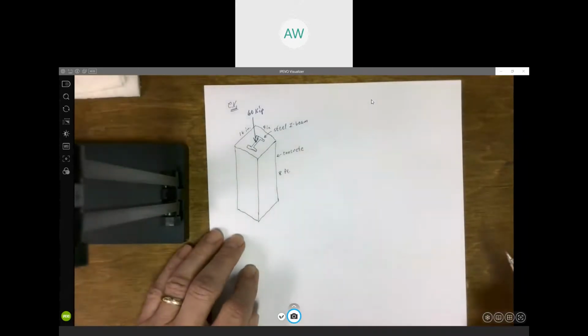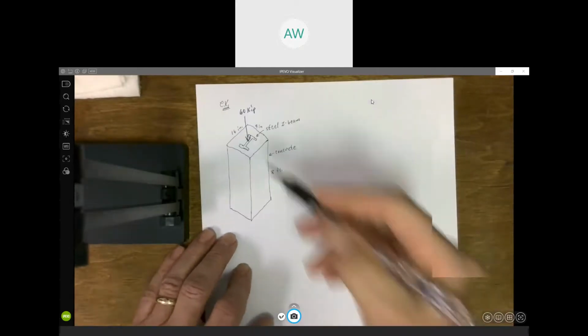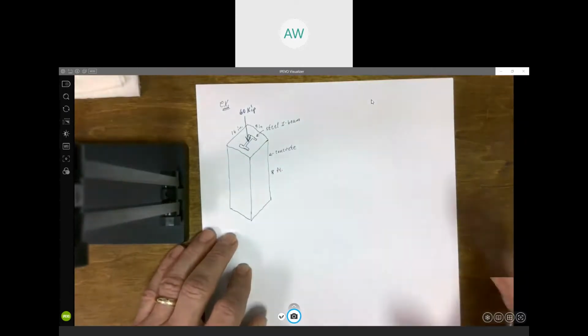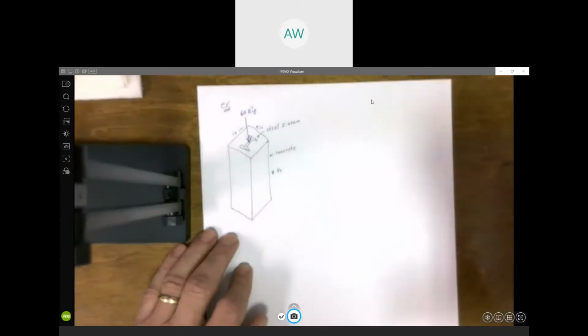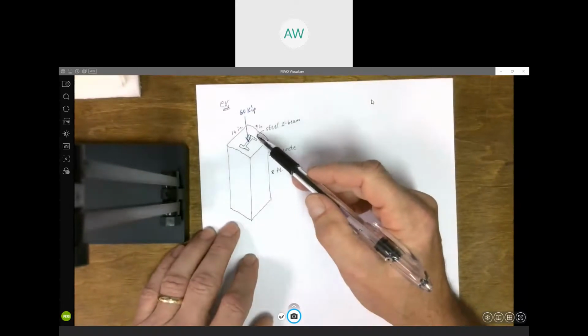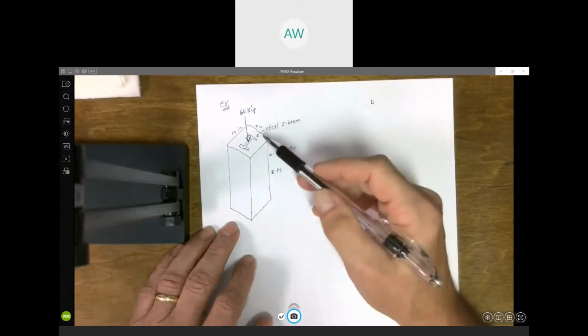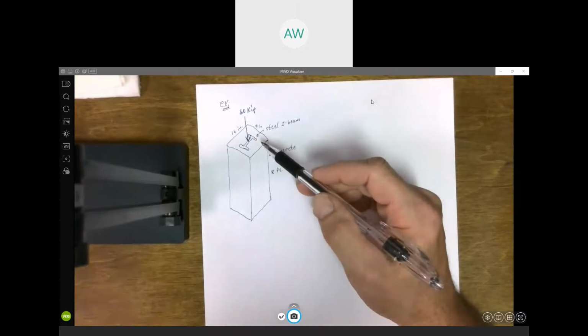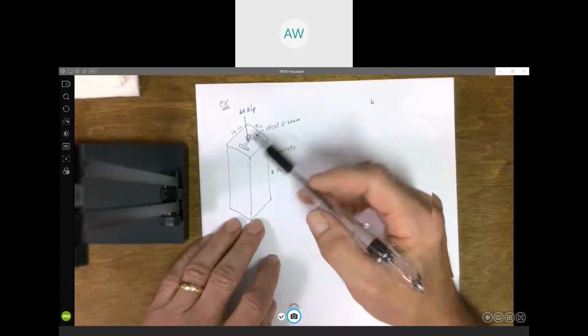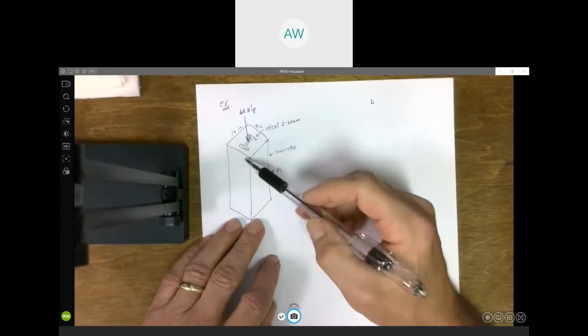Now, in reality, that 60 kips is not going to be applied at one single point there. It would actually be spread out over the entire top of this column. That's just the resultant force of whatever distributed load is pushing down on top of this column, applied over the entire cross section.